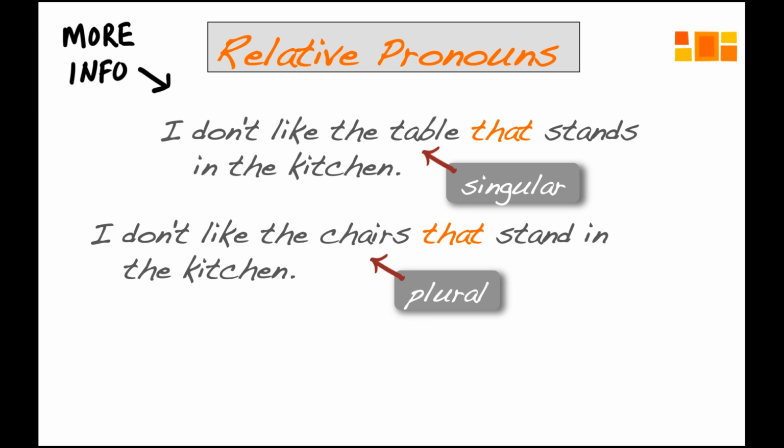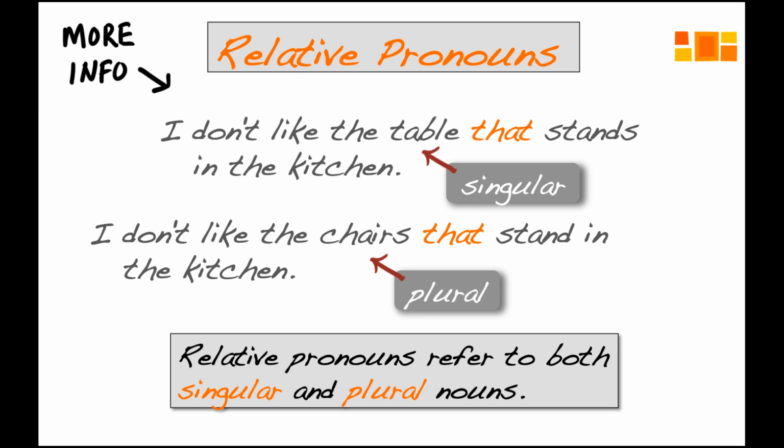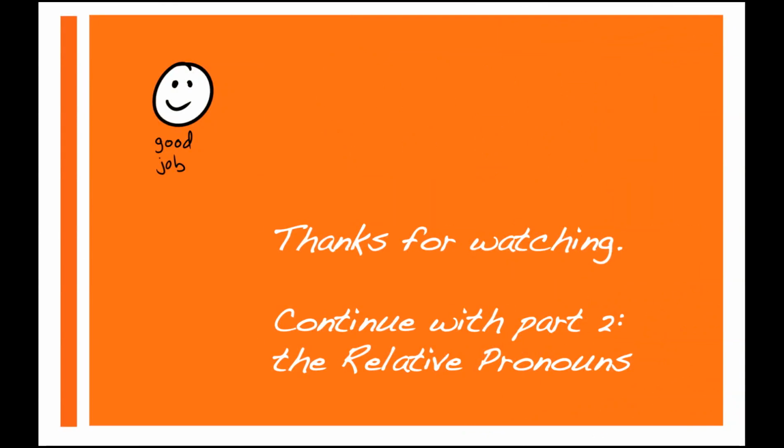Now, in the languages that I know outside of English, which are German and French, the relative pronoun takes different forms. There is a singular and a plural form, and there's also a form for masculine and feminine nouns. Not in English. And this is good news because there is no change that has to be applied here. Relative pronouns refer to both singular and plural nouns. They stay the same.